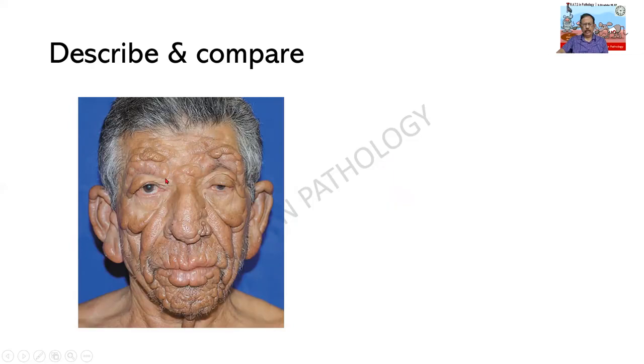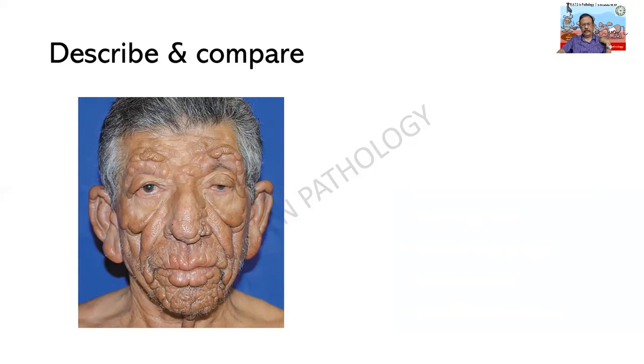Sometimes because of the neural involvement, there can be a lid lag, which again can contribute to the exposure keratitis. Look at the earlobes, there is thickening of the earlobes. Coarse faces, loss of the eyebrows, exposure keratitis, and sometimes there can be a collapse of the bridge of the nose, which I had shown in one of the earlier pictures, called the saddle nose deformity.